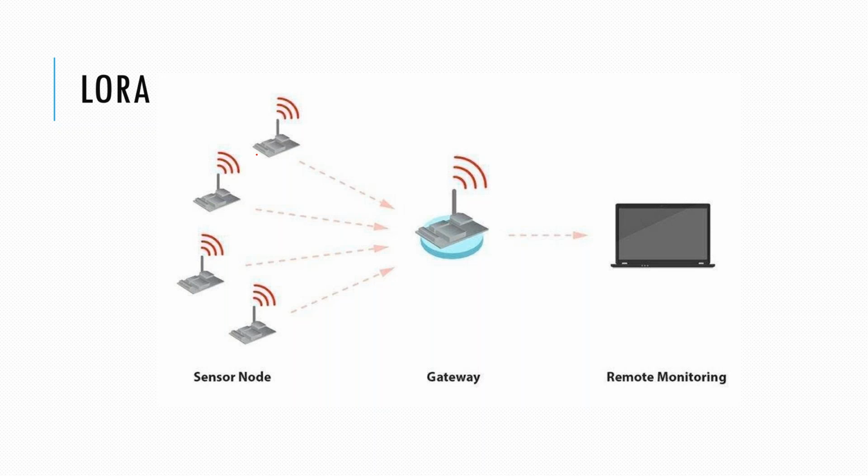Your router is the gateway, connected to the internet through your internet service provider, and we connect our mobile phone to the router. So your router is a kind of gateway. Here we connect all of the end nodes to the gateway, and using a 3G or 4G module we can connect the gateway to some kind of cloud platform.